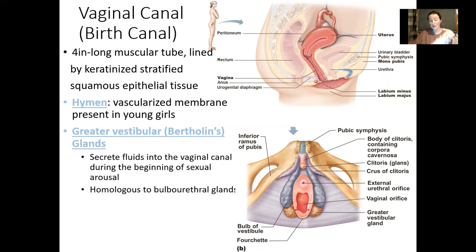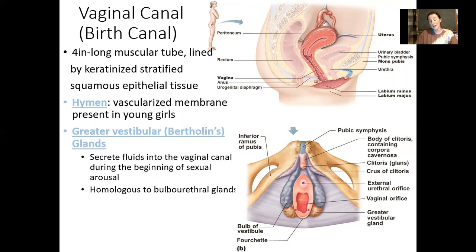On the note of homologous structures, in the male reproductive system, maybe you've already learned this, there are glands called bulbourethral glands, or Cowper's glands, I think is what they used to be called, that essentially provide lubrication prior to an ejaculation, so at the beginning of sexual arousal, and also increase the pH to make way for sperm, who really like a neutral or alkaline pH.